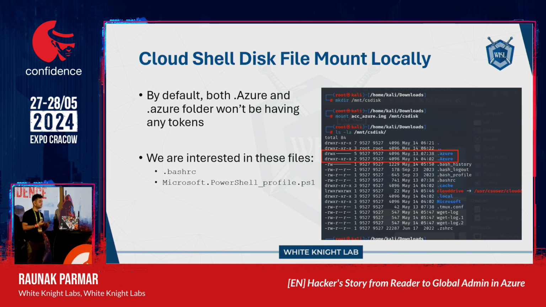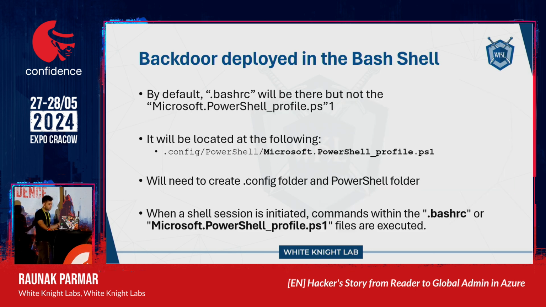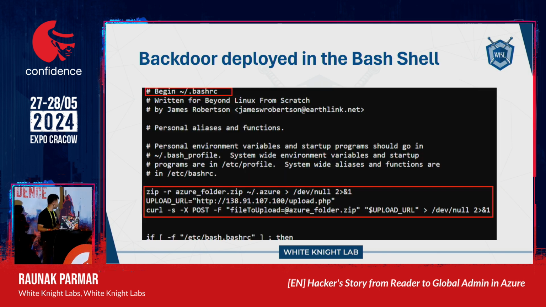If they open a PowerShell terminal, any code written in that PowerShell file will get executed. So that's what we did. We downloaded the disk, mounted it in our own local system, updated the code, and here is the code. It runs zip -r to zip the .azure folder and sends it over to the attacker.